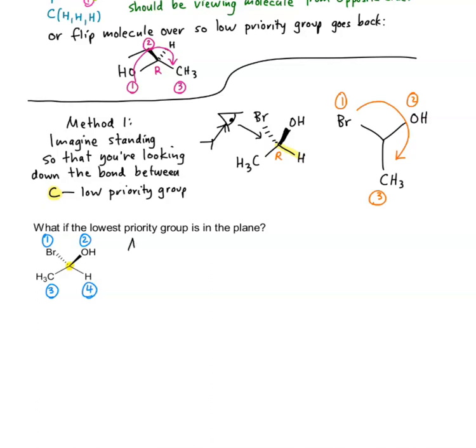Method 2 involves doing some drawing. So in method 2, you're going to draw 2 additional structures. What you want to do is redraw your original structure so that the low priority group is going back.